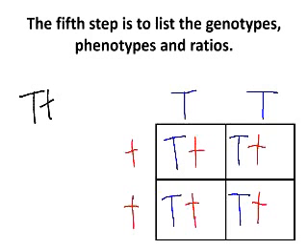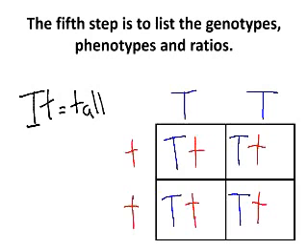Then, once you've listed every genotype, you determine what the phenotype would be. So if you remember that the capital T was the dominant, well, now it looks like an I, but the capital T is dominant, and that is the allele that codes for tall, this plant will be tall.